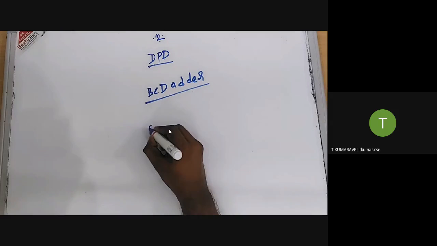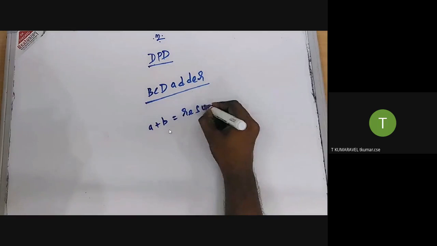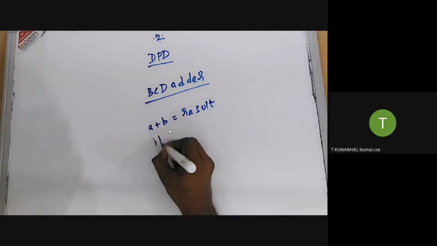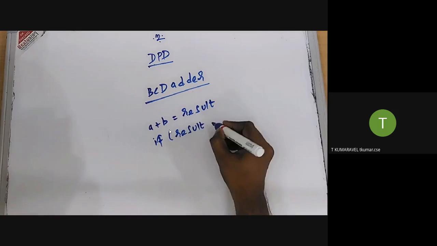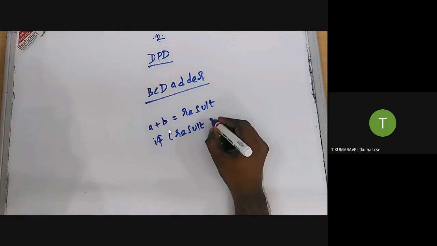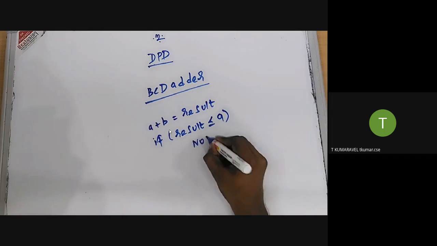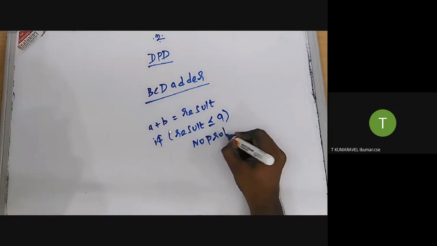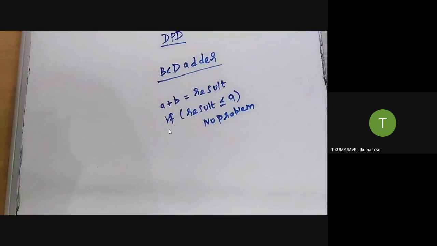You are going to perform addition of two numbers, and then it's going to produce a result. If the resultant value is less than or equal to 9, no problem.